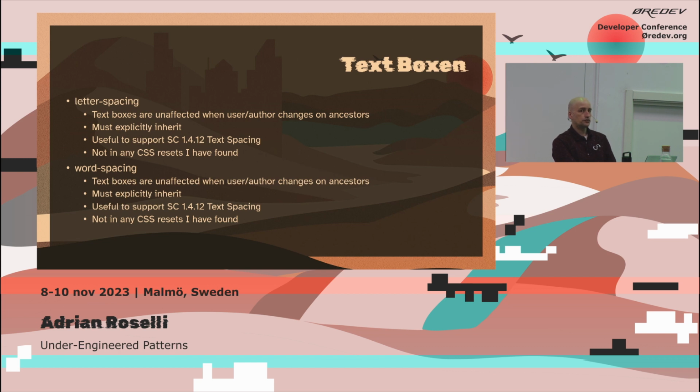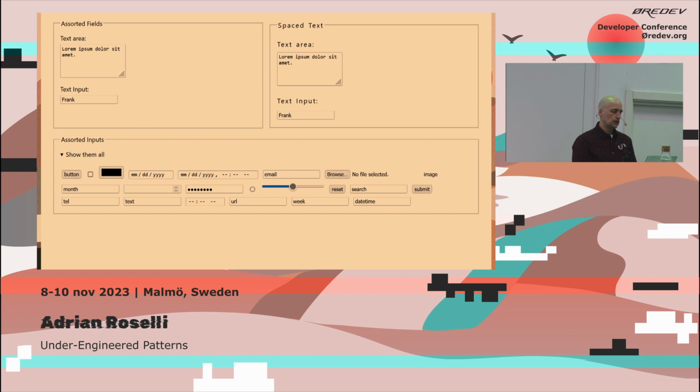This is useful if you're supporting success criterion 1.4.12 text spacing within WCAG. See, I'm going to talk about WCAG. Sorry, it's just how I'm wired. So far, I haven't found these declarations in any CSS resets. So if you already have a CSS reset that you like, you might want to yank these into it.